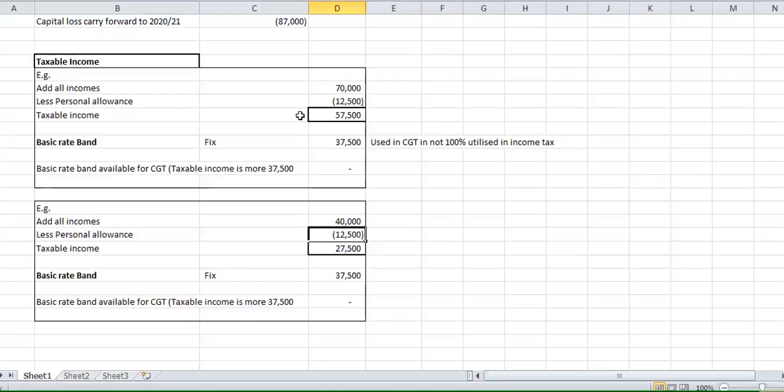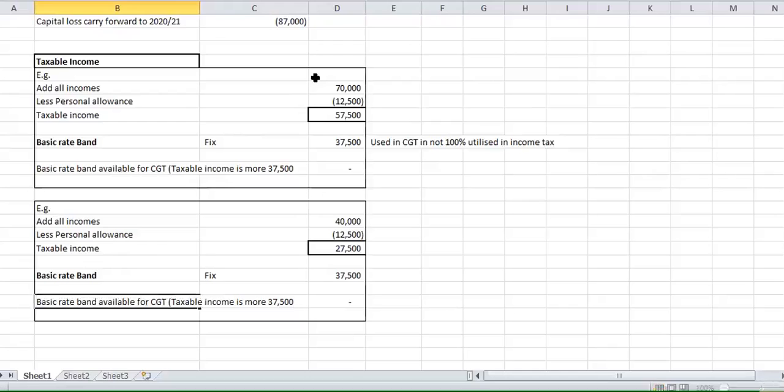Our total income is 40,000 pounds. We will deduct the relaxation, which is 12,500. So our taxable income is 27,500. What is the basic rate band? 37,500.